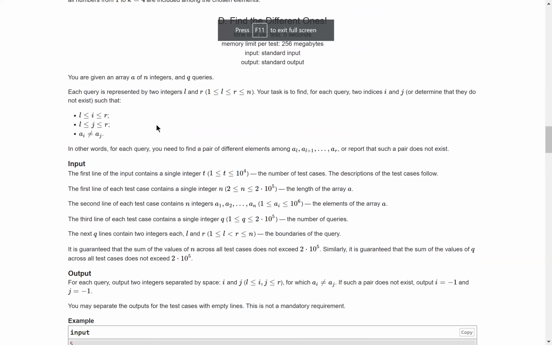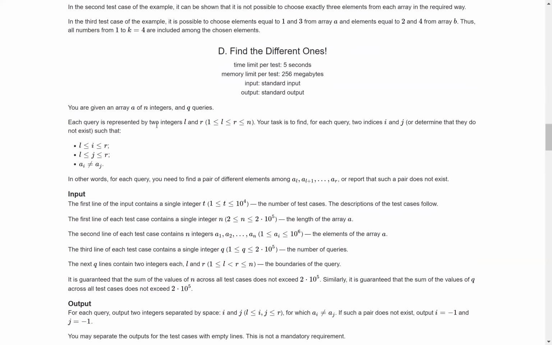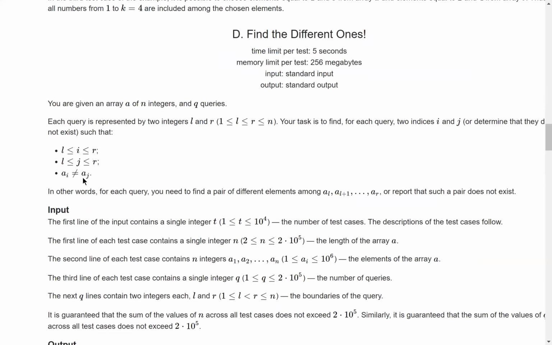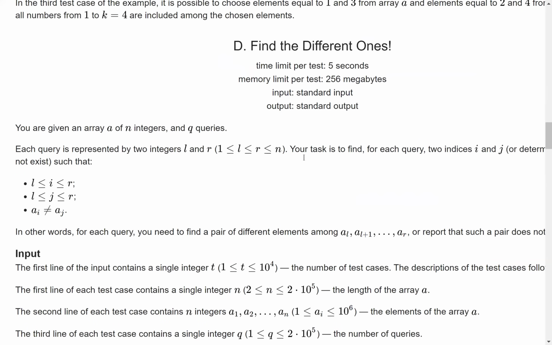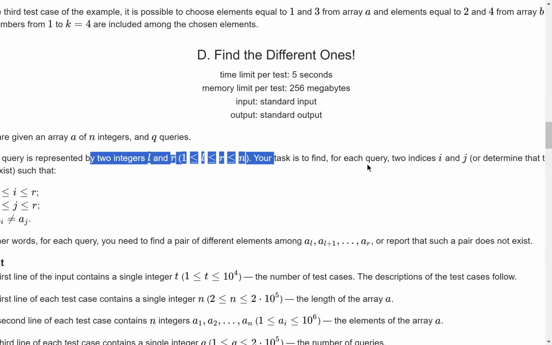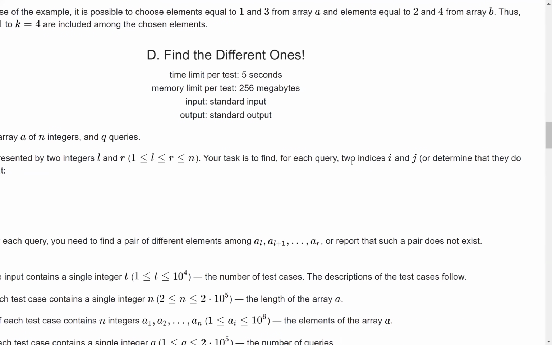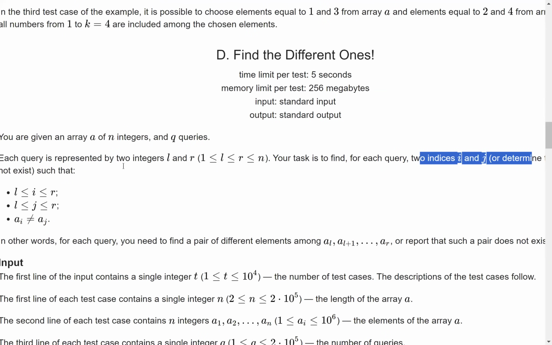Find the different ones. In this problem, we have been given an array of n integers and q queries. Each query is represented by two integers L and R, and our task is to find out for each query the two indices i and j, or determine they do not exist.